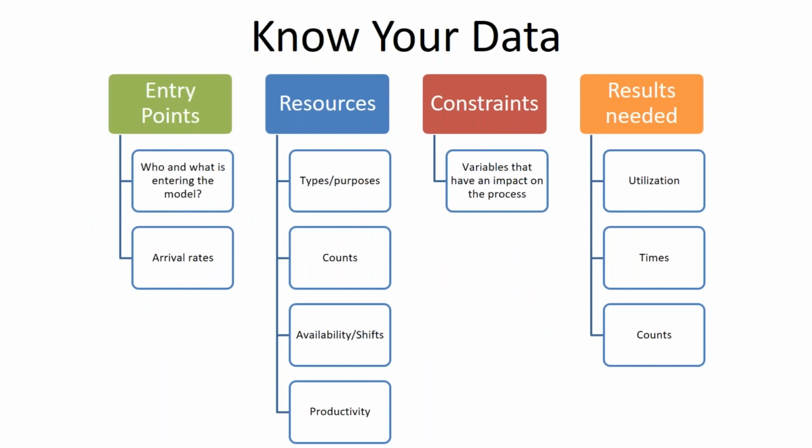And lastly, as we're going through and looking at the data that we want to bring in, this is a checklist that I use in breaking down our data into 4 buckets. So looking at our entry points, going back to, again, who and what is entering the model and at what rate. Looking at your resources, so the types and purposes of resources, how many of those resources do we have?